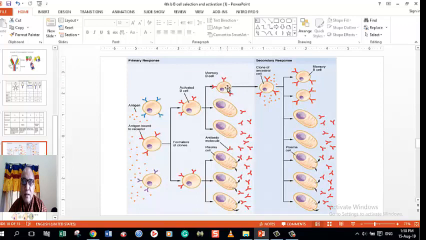It also produces antibodies, but these antibodies are produced by plasma cells. So 2 things happen when the B cell gets activated: it produces memory cells, and plasma cells.